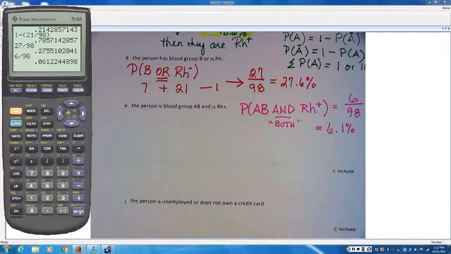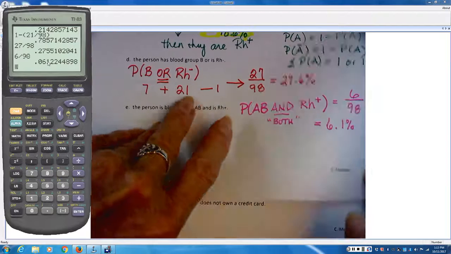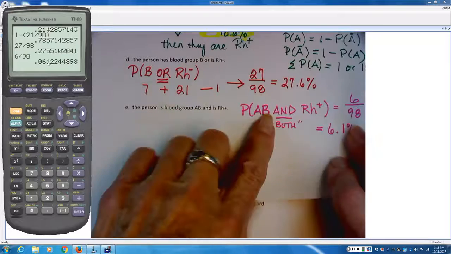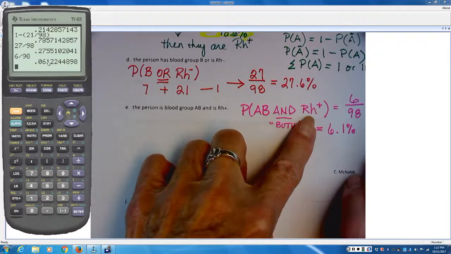And incidentally, be very careful when you're moving your decimal place. 0.061 is 6.1%. Because, let me go back up to this table and show you. It said people that were both type AB and Rh positive.